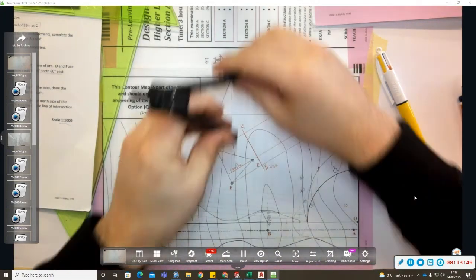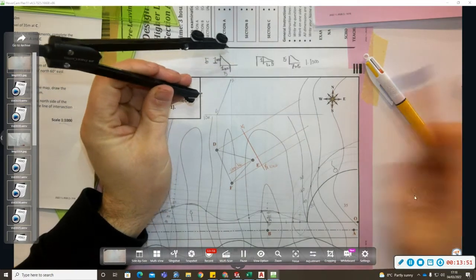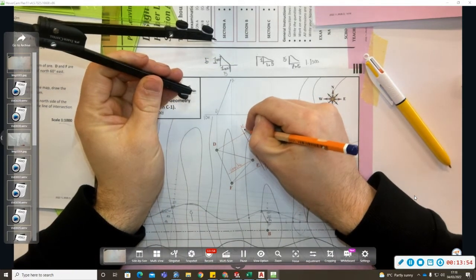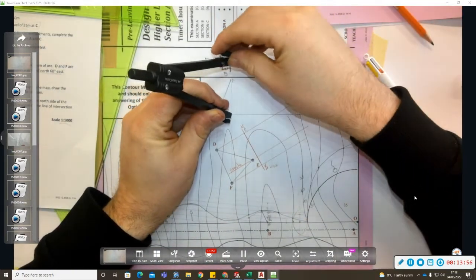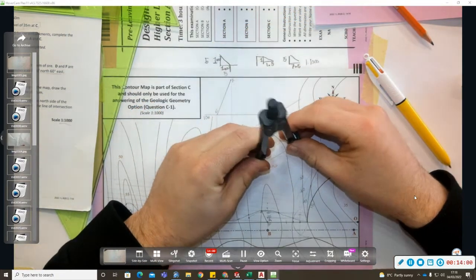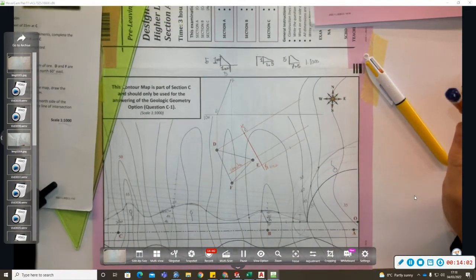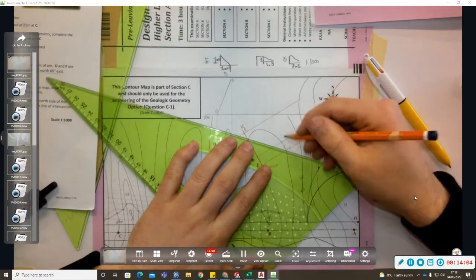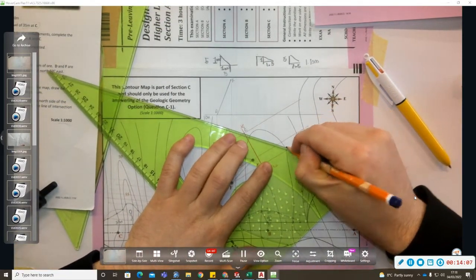I'm going to take my heights from my elevation. So there's D1. Okay, F. So there's F to D1.